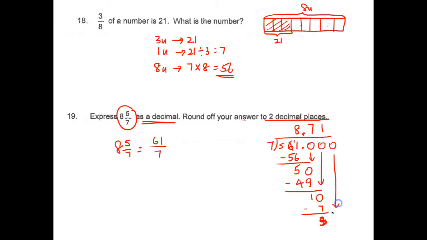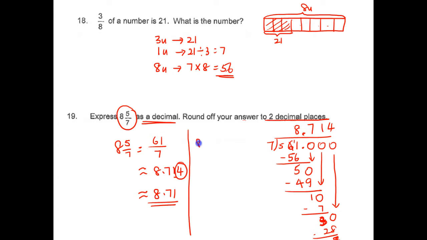I bring down another 0. 4 times 7 is 28. Remainder 2. So I have 8.714 to 3 decimal places, 2 decimal places is 8.71.